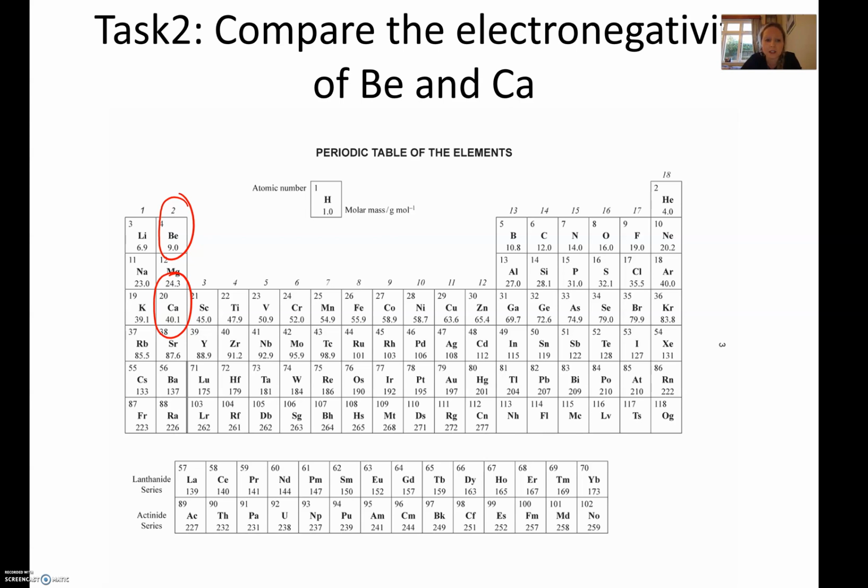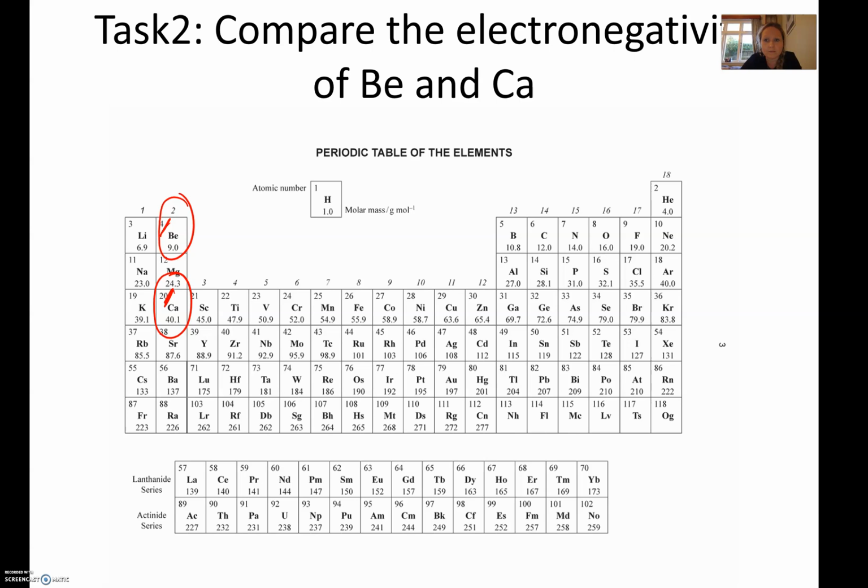So calcium's bonded electrons are further from the nucleus, and there's also increased shielding by inner shell electrons. So this means that the electrostatic attraction between calcium's bonded electrons and the nucleus will be less, and therefore electronegativity will decrease. Despite the fact that calcium has 20 positive protons and beryllium only has 4, the greater number of energy levels is having a greater effect here.